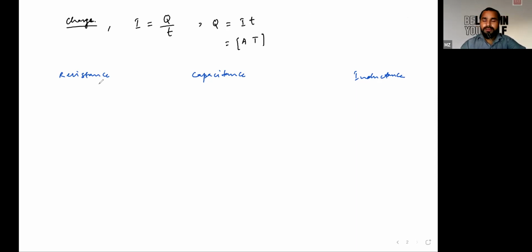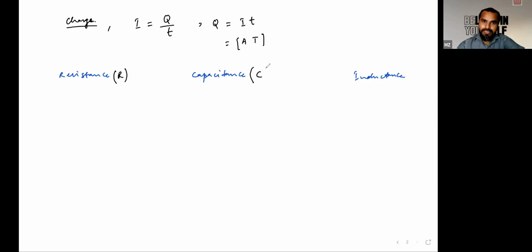These are just properties of particular substances. Like resistance, we learned in our last class, the property of any substance to oppose the flow of charge through it is called resistance, denoted by R. Capacitance, which you will learn in class 12, is the ability of a substance to store charge like a battery. But a battery stores electrical energy in the form of chemical energy, while this device stores electrical energy in the form of charge.